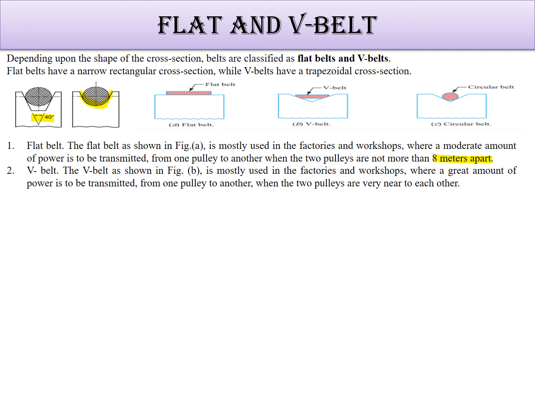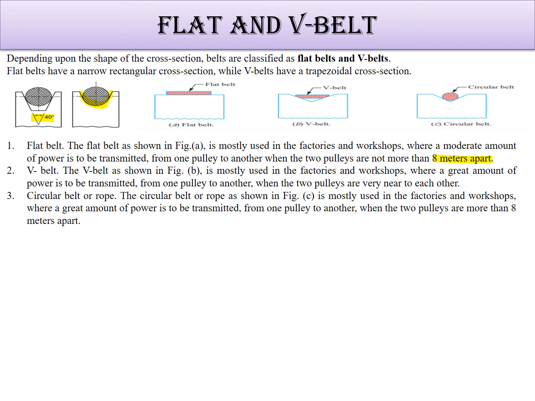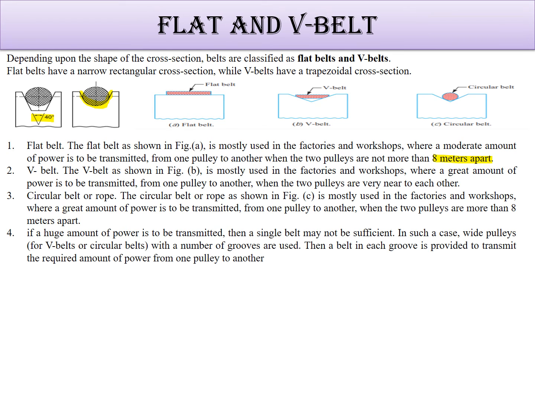Then V belt is also used in factories and workshops with a great amount of power transmitted from one pulley to another, and we can use it for the near one also, and even the crossway also. Crossway gives you more contact area and more power transmission, meaning losses are reduced. Circular belt is also there, and it is also used for not more than 8 meters apart.